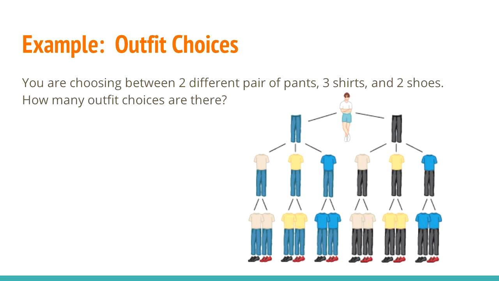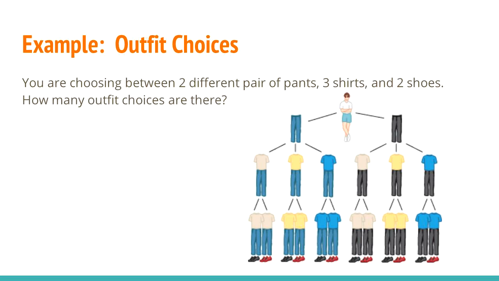And then we're matching those up in the next row down with the shirts, the white, the yellow, or the blue shirt. And then finally, in the last row down, we're matching those with either the black or the red shoes. So as we count all those up, we get 12.